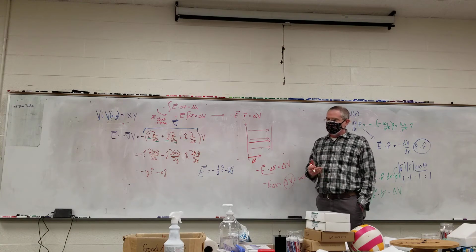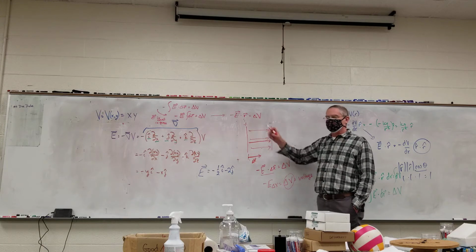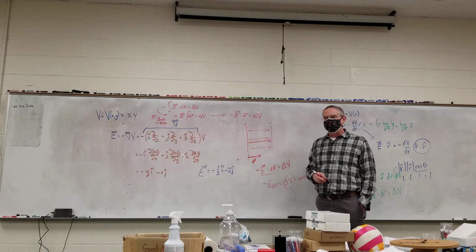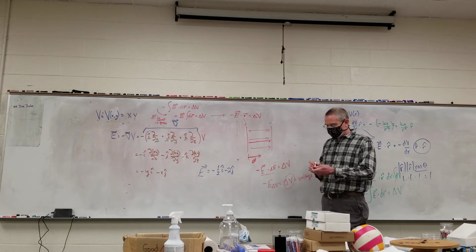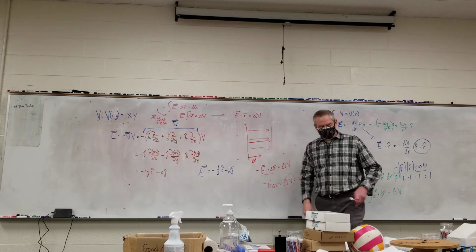I think most people have an intuitive sense that a positive plate will have a higher potential than a negative plate. Many times in physics, it doesn't always make intuitive sense like that, even though it makes mathematical sense. In this case, I think it does both.